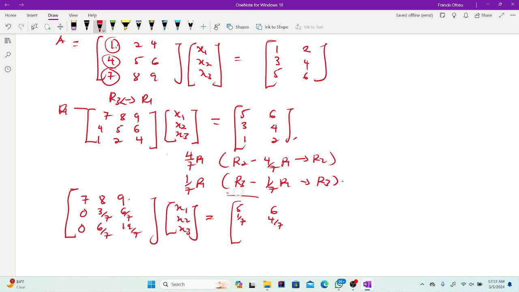And when you come to the last row, we are using this equation, R3 minus 1 on 7. So I'll have 1 minus 1 on 7 multiplying what? 5, right? So this is 2 on 7. Then this side too, I get 2 minus 1 on 7 multiplying my what? 6. So that's 8 on 7.